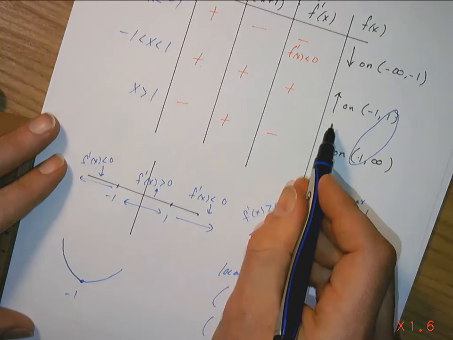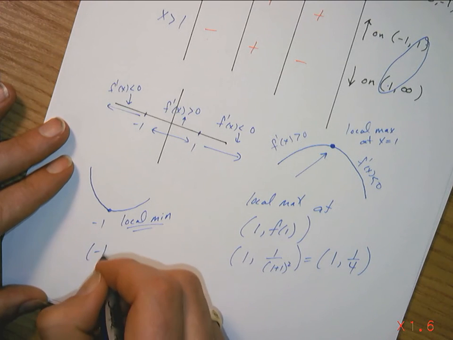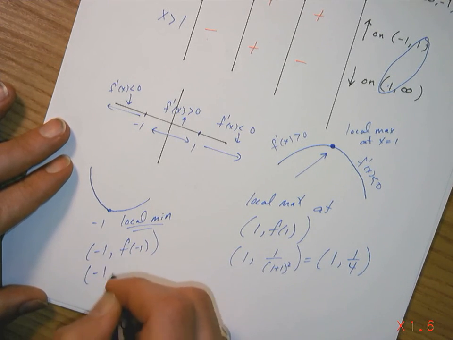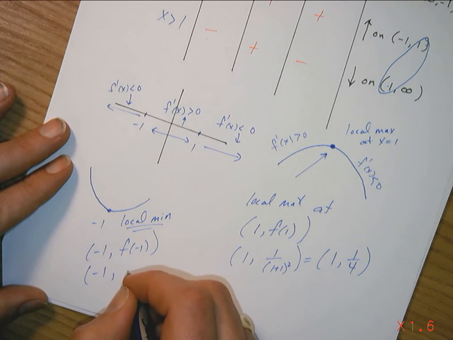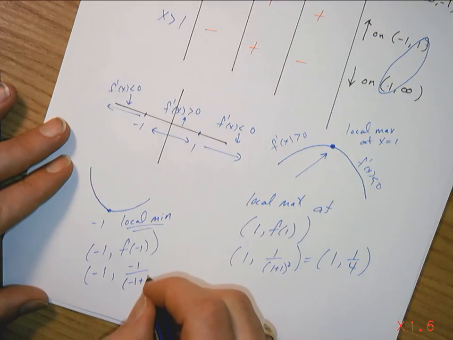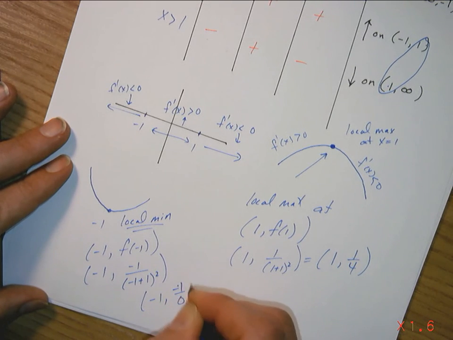But if I go and try to say that this is a local minimum, look what's going to happen. f of -1, and you're going to get -1 over -1 plus 1, is that right? Yep. Which is (-1, -1 over 0).